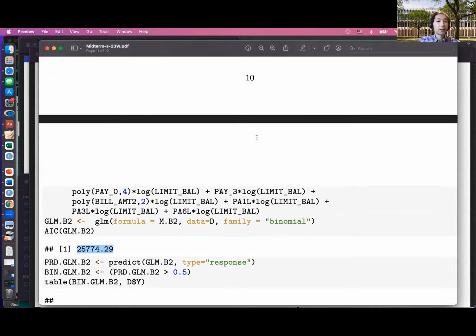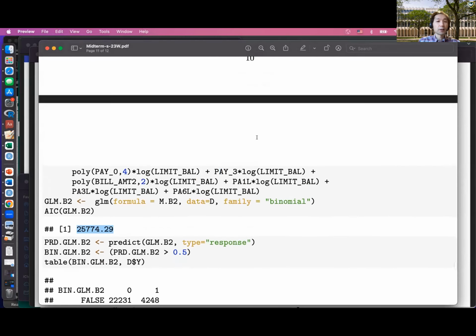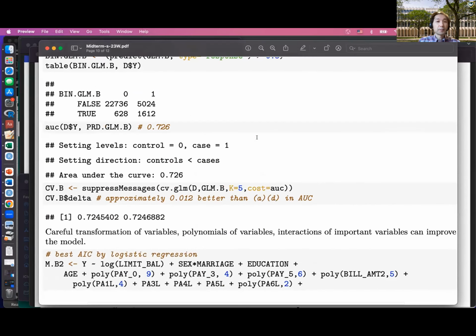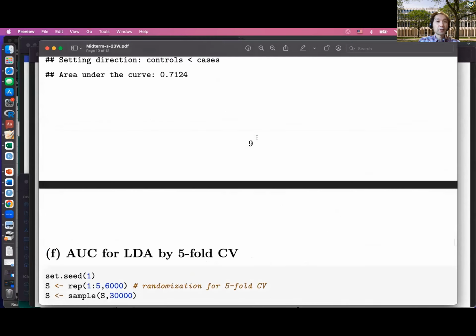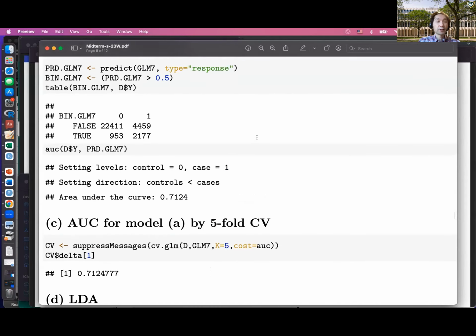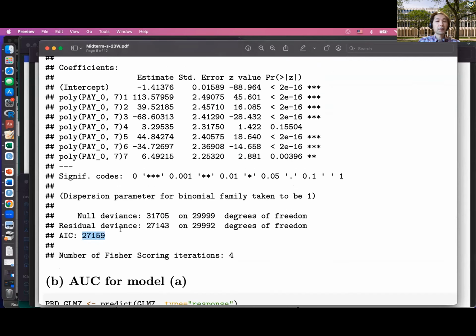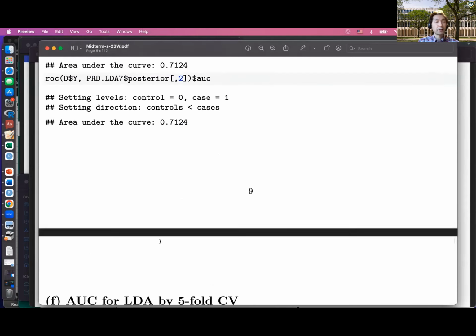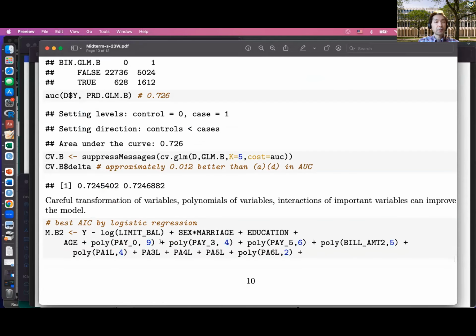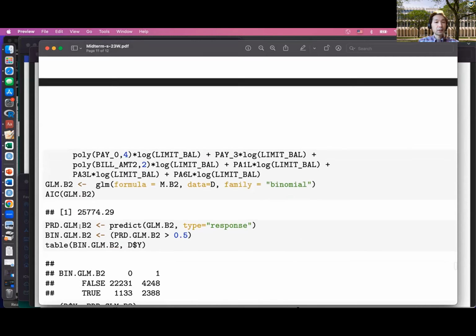With this, the AIC is 25,774, which is much smaller than the AIC for the baseline model in question A. In question A, the AIC is 27,459 for the 7th degree polynomial, and it goes to 25,774.